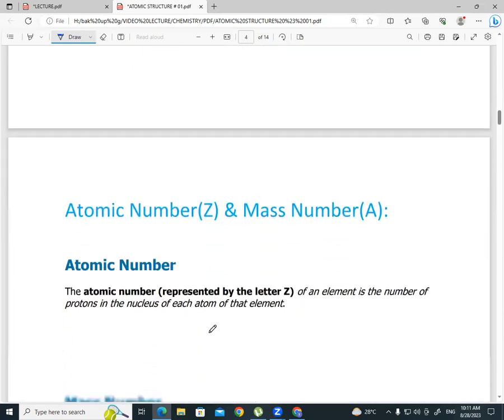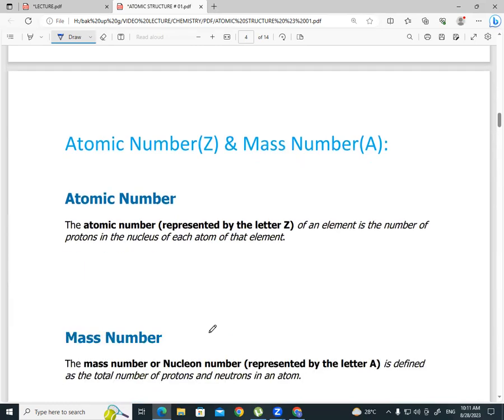Now the next part is atomic number and mass number. The atomic number of an element is represented by the letter Z, and it represents the number of protons in the nucleus of each atom of that element. It means that atomic number is the identity of an element.